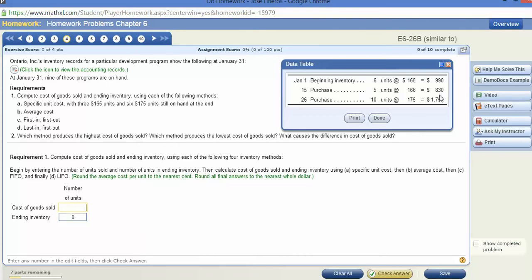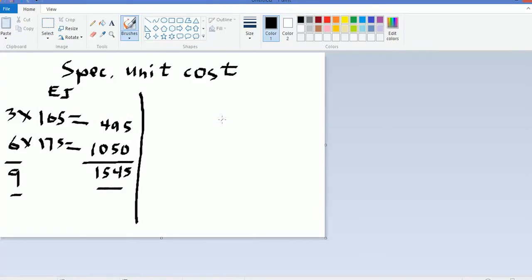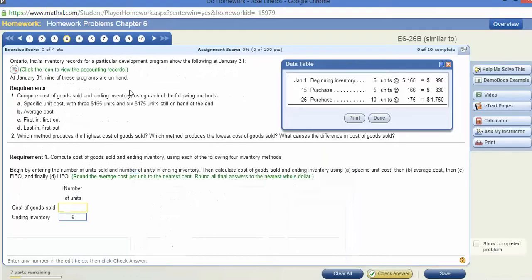Okay, these are the 3 layers. Again, referring to our 3 layers, we know that we sold 3 out of this layer of 165, right? So if we had 6 in this layer and we sold 3, that means there's 3 left. So let's come over here. This is cost of goods sold. If you had 6 to begin with and 3 are left, that means 3 had to be sold, right?